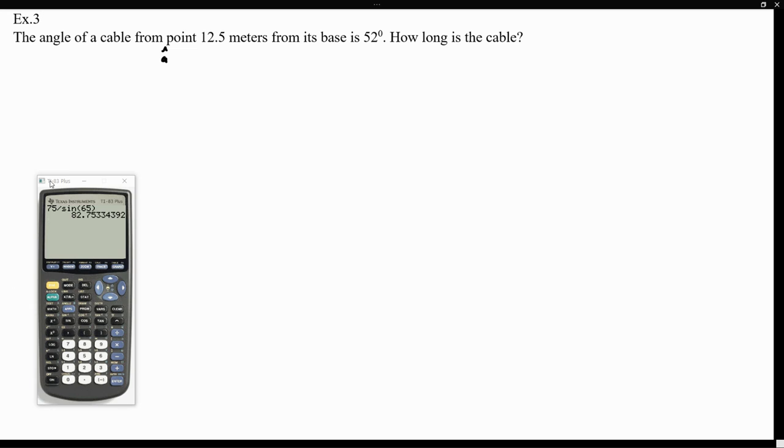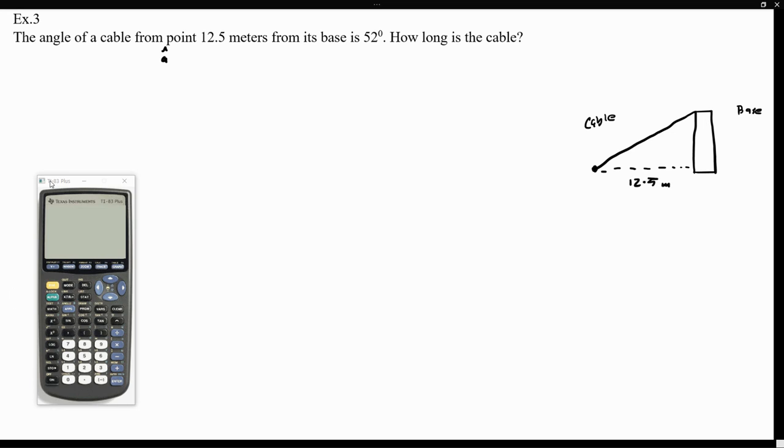What this sentence is saying is that we have a point and there is a base, or at least this is where our cable is going to be attached. So we have our base, and we have a cable here, which is attached to a point. So this will represent the cable, and this will represent our base. And what we know is that this point is 12.5 meters from its base.